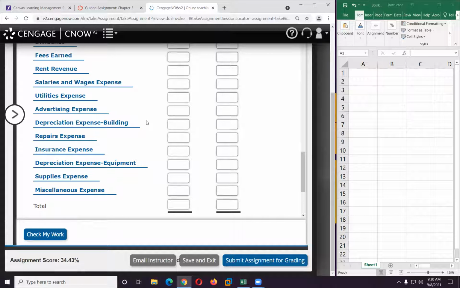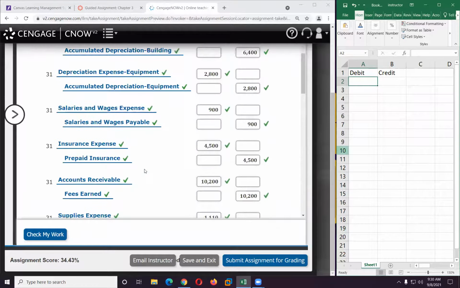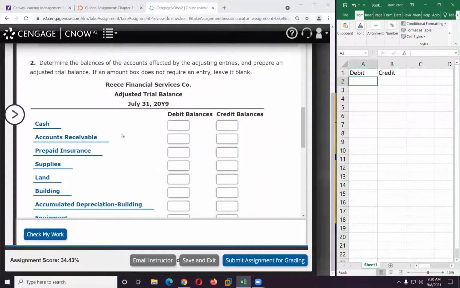So I'm just going to walk us through it step by step. What I actually do is create a little T account over here, and it sometimes makes my life a little easier. Okay, so I'm going to go down the line. My first one is cash.